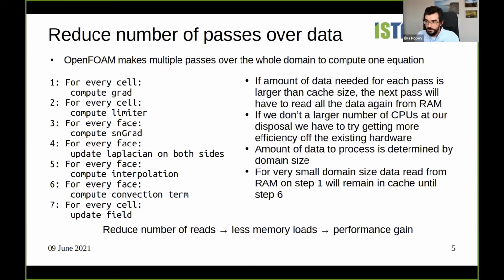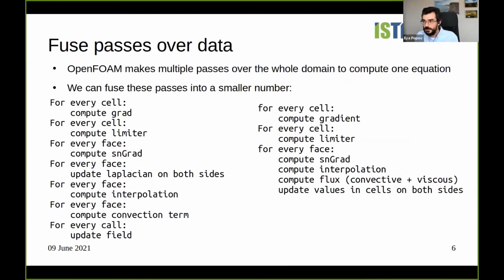If the amount of data in one smaller domain fits into a cache, then the data that's read on step 1 will stay in cache for all these steps, and we will have fewer memory loads and quite a nice performance gain.